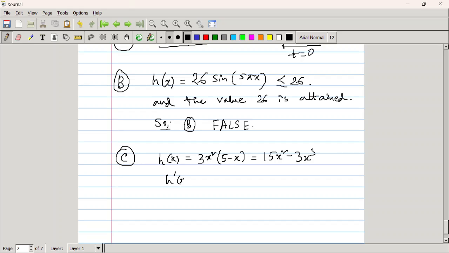Same procedure: h'(x) is 30x minus 9x squared. Now h'(x) equal to 0 gives 30x minus 9x squared equal to 0. Taking x common, x into (30 minus 9x) equal to 0, so either x equal to 0 or x equal to 30 by 9, that is 10 by 3.